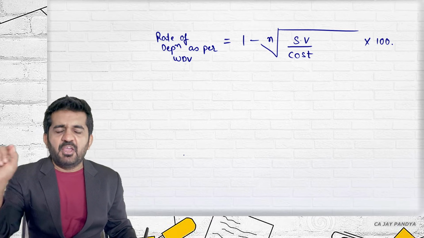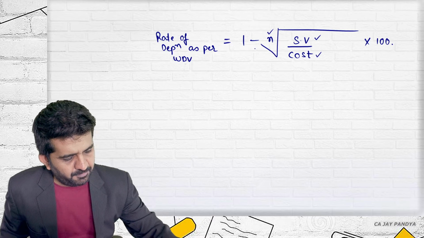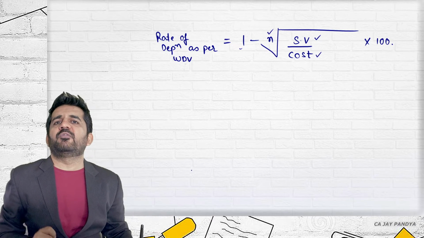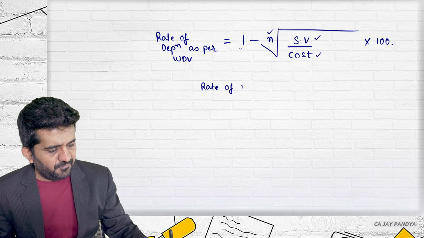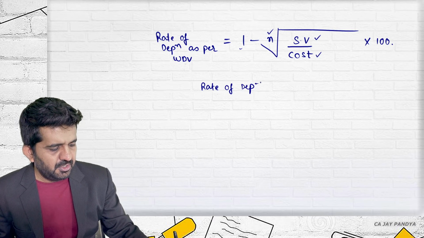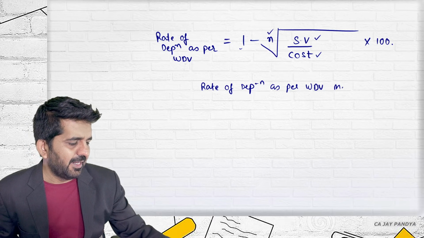Sir, what is this? If you put all your variables, cost, scrap value, number of years, in this formula, you will get the rate of depreciation as per WDV method.